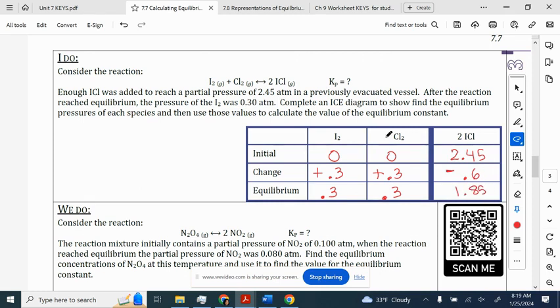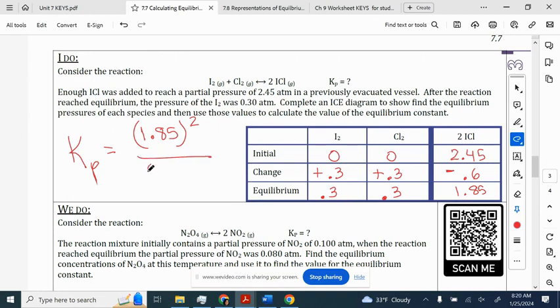All right, and we want to solve for Kp then. Kp is going to equal 1.85. What do I need to do to it? Square it because of this coefficient. So this guy needs to be squared because I had a coefficient here.